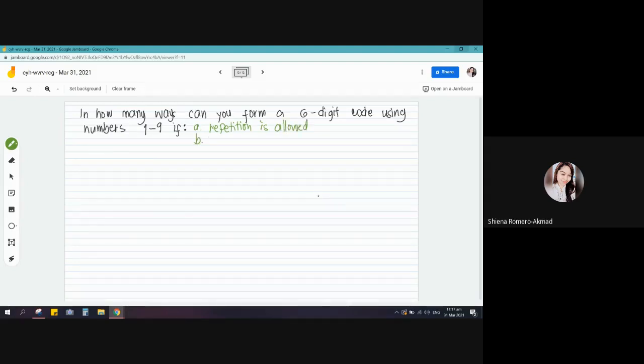B, repetition is not allowed. And C, the first digit must be an odd number.